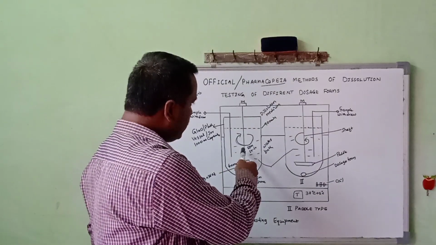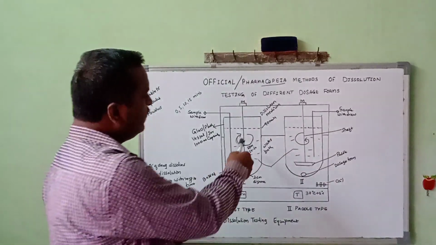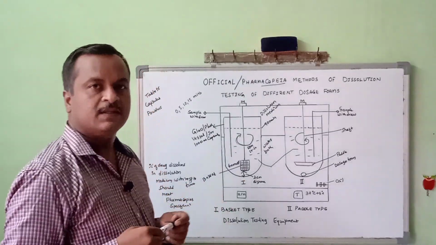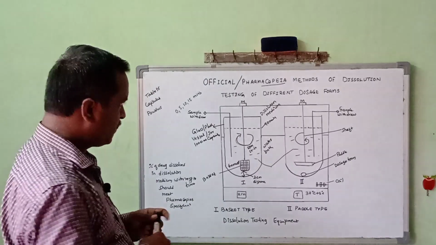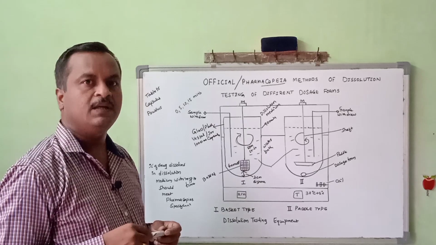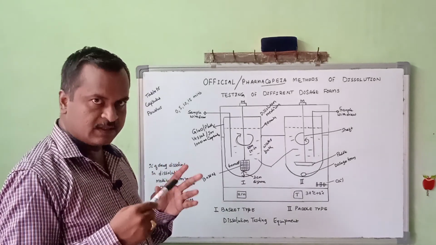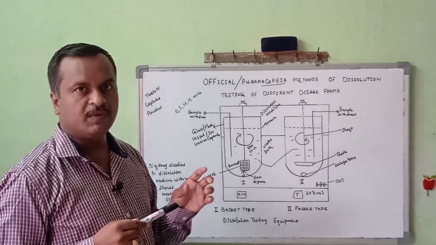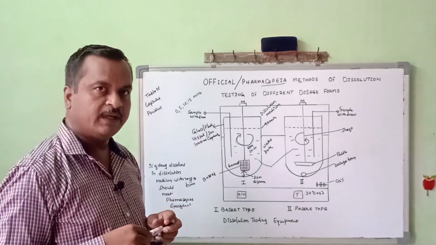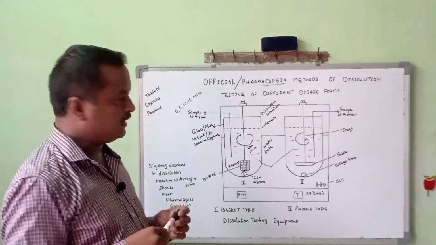Sometimes you can use an acidic medium, sometimes an alkaline medium. This dissolution medium will be further used for analyzing how much of the drug is released with respect to time, which will be determined by the titrimetric method or analytical methods like the spectroscopy methods.